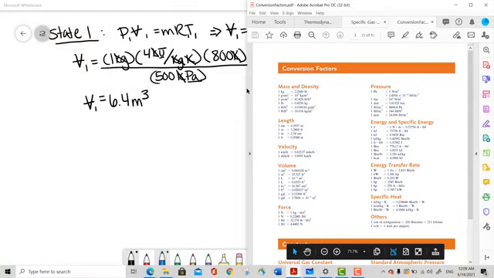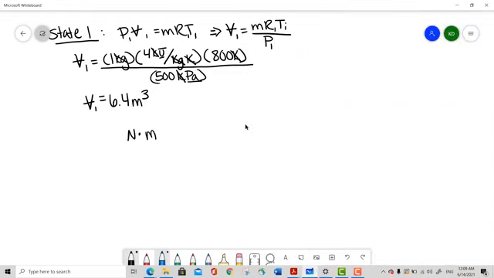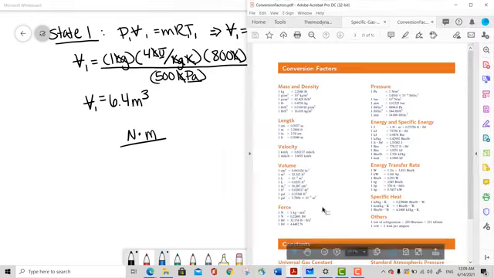We end up with the joules over pascals, so we can come over here. 1 joule equals newton times meter, so N times M over, and then our pascal right here is N divided by M squared.